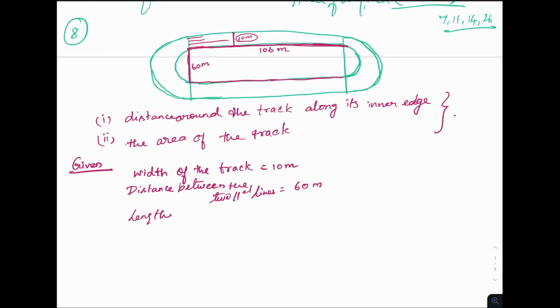Then length of the parallel tracks equal to 106 meter.